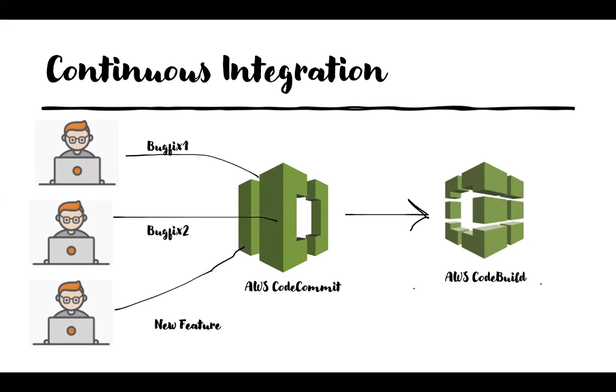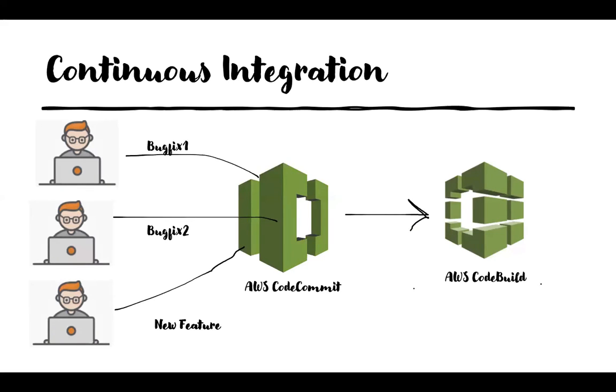Take an example: if I have a Java project, I will put that Java project on my AWS CodeCommit repository, and all the developers will connect to that repository and do their changes. They will do some hotfixes, bug fixes, or develop new features. Once they develop the new features, they will push their changes to the repository, and the build will get triggered, and the unit testing will be done.